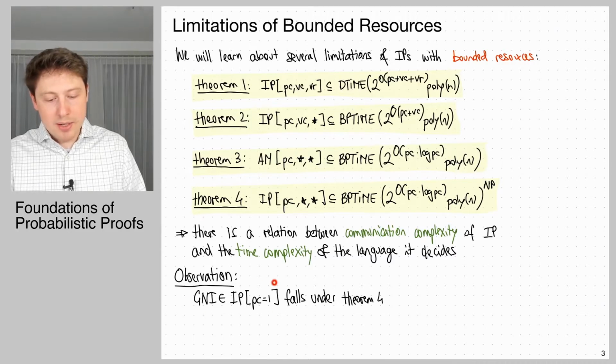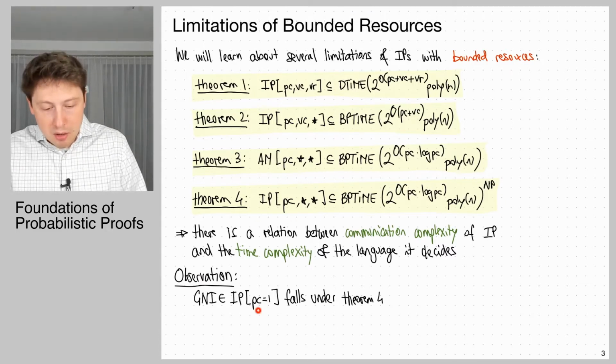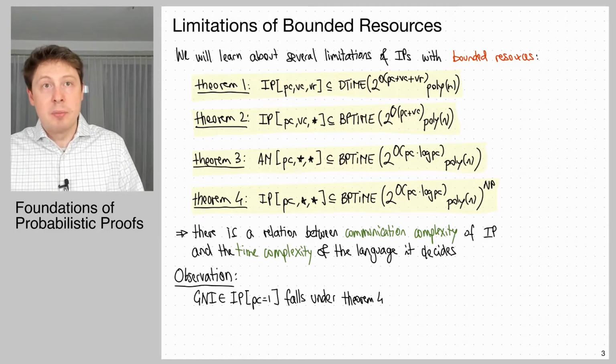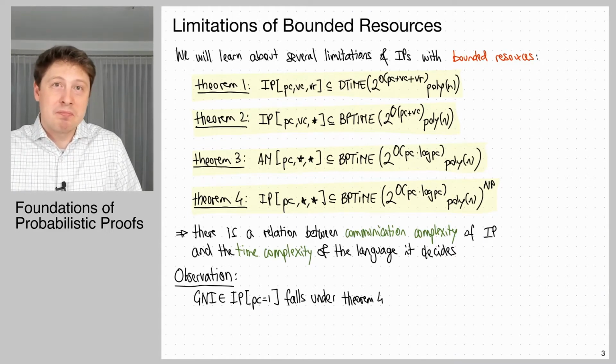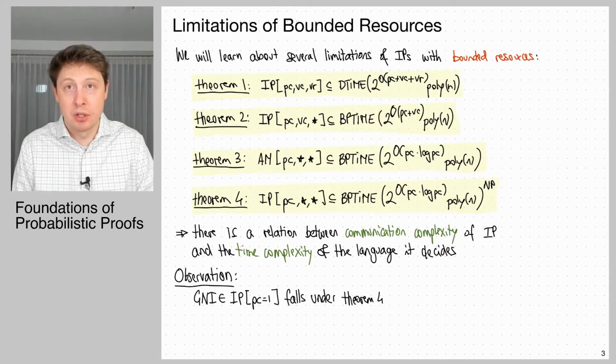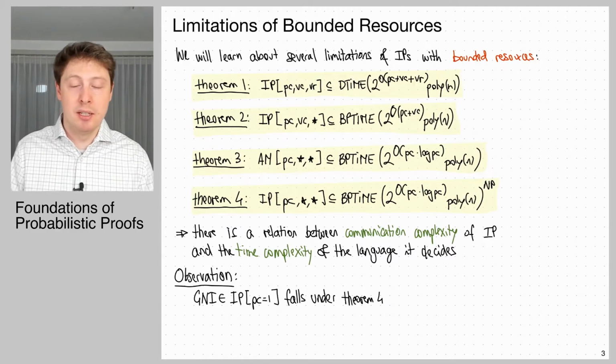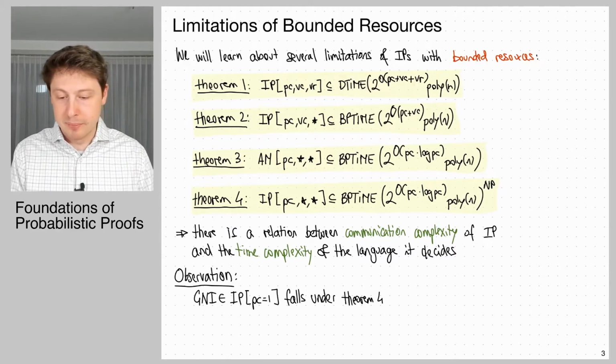Remember, this one was a private coin interactive proof, okay? So it really has to fall inside here. And here, the prover was sending a single bit, okay? And the verifier was actually sending not something small, it was sending graphs, right? So it was sending something pretty large. So it was nothing worth writing home about.